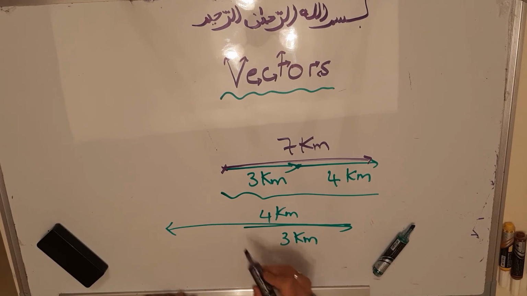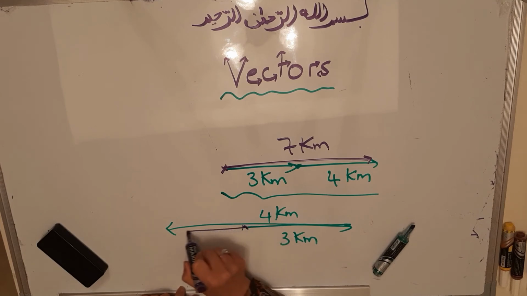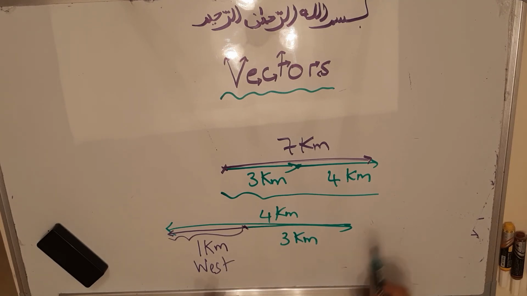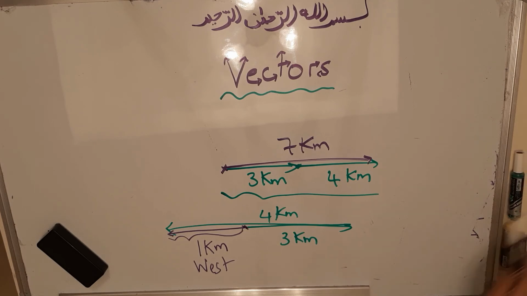So we're going to apply the tail of the first vector to the tip, or the head, of the second vector. So this is going to be 1 kilometer due what? Due west.